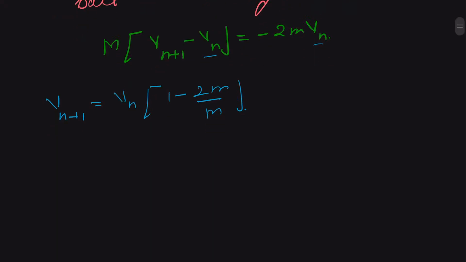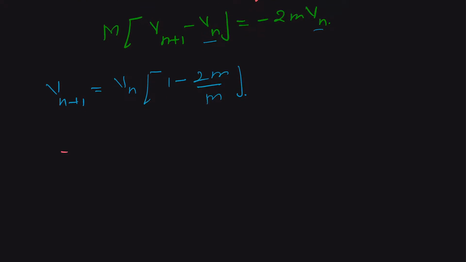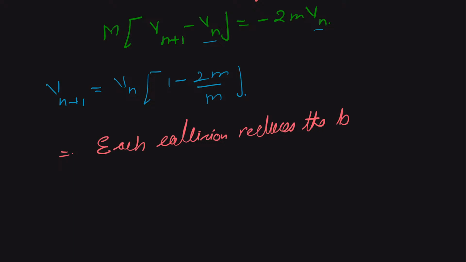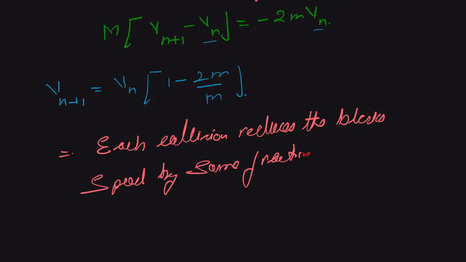And we can also draw one important conclusion, which states that in each collision, the reduction in the speed of the block will be by the same fraction, okay, because the mass and the change in velocity will be over 2m upon capital M. So each collision reduces the block speed by the same fraction, or we can say that the fractional change in speed will be equal to twice m upon capital M. So every time the reduction in the speed will be the same.